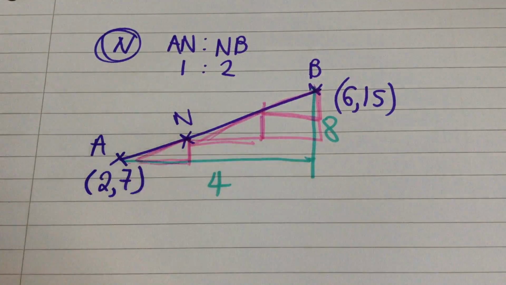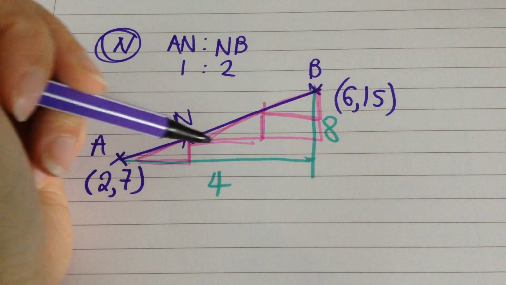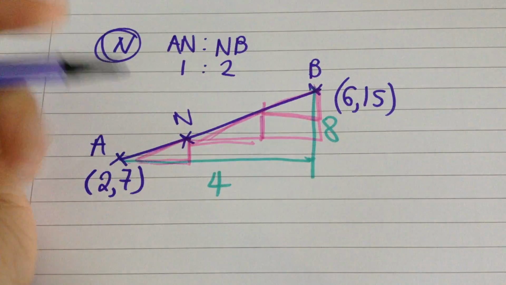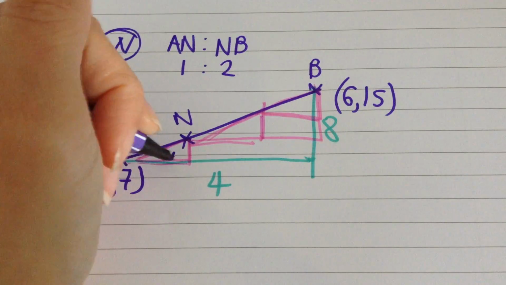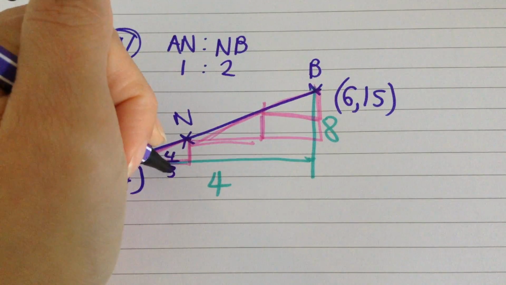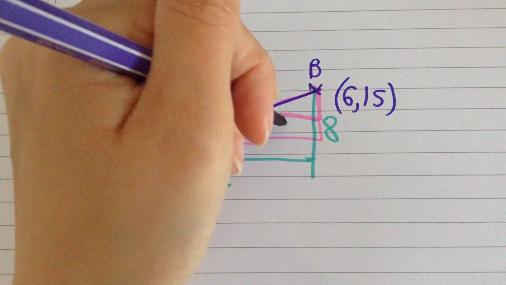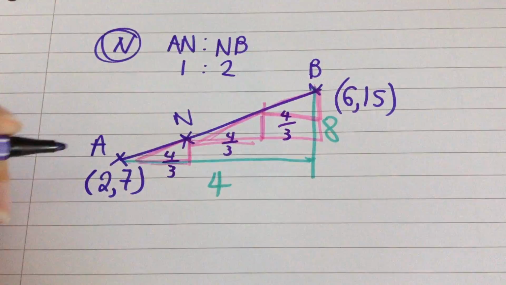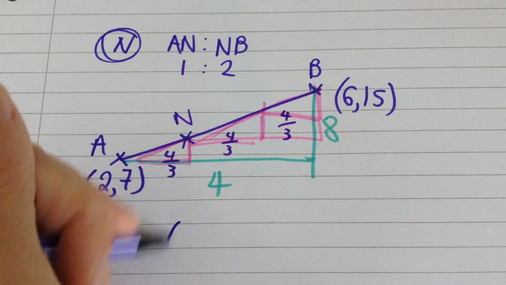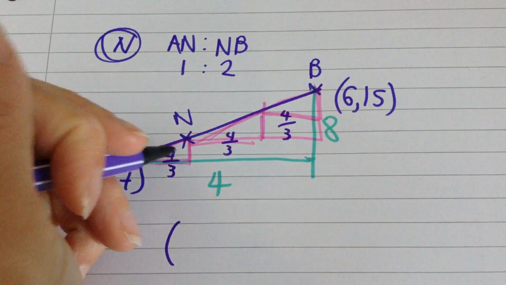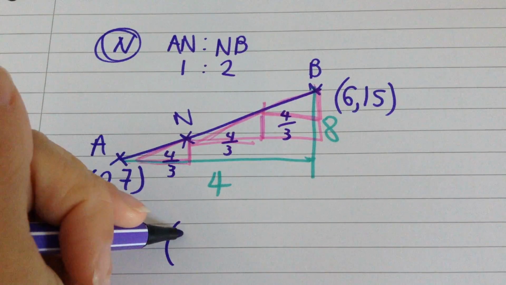So I've got to make 3 steps in the space of 4. Each of those steps is 4/3, because it's 4 divided by 3. So the x-coordinate of N is going to be 2 plus 4/3, which is 3 1/3.